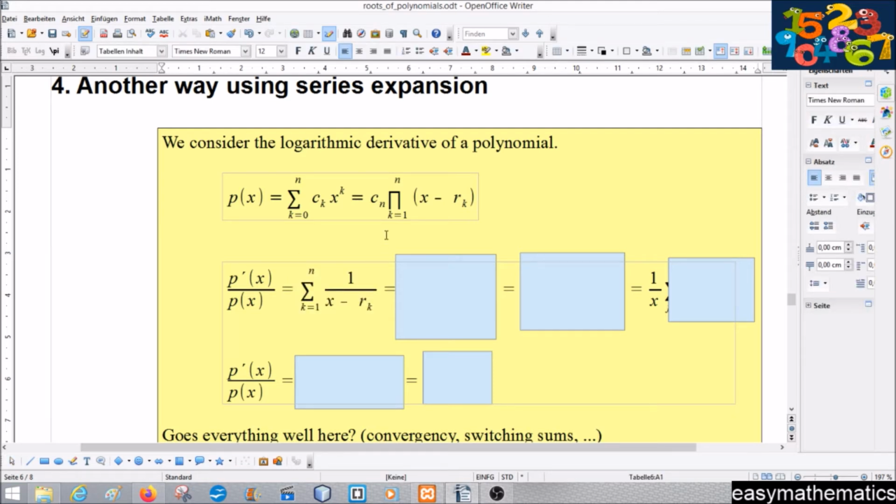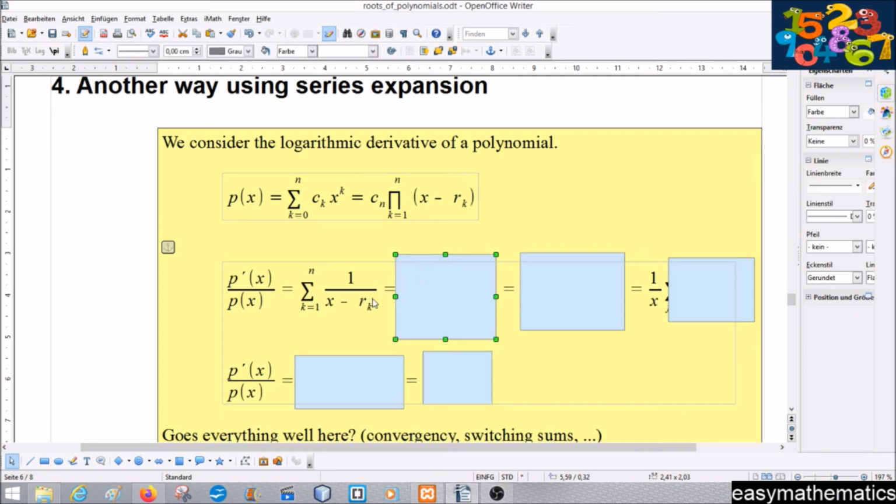And it's a nice small exercise for you. Using the product rule, we directly get to this sum: k from 1 up to n of 1 over x minus rk. This is the logarithmic derivative.